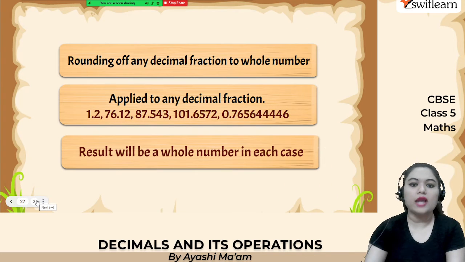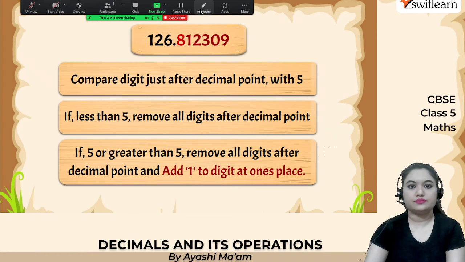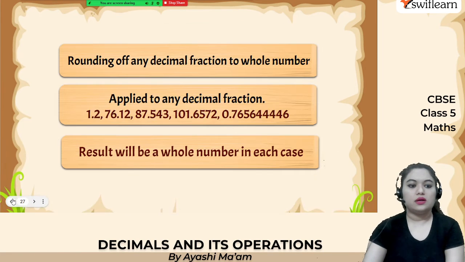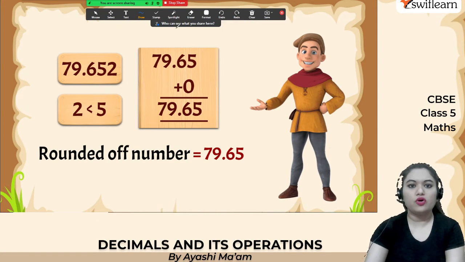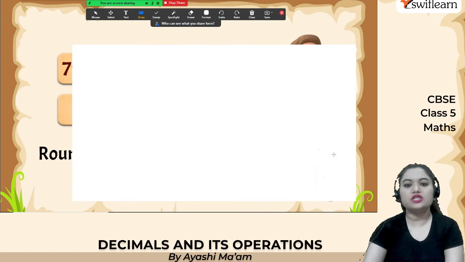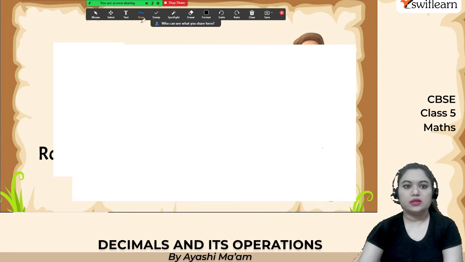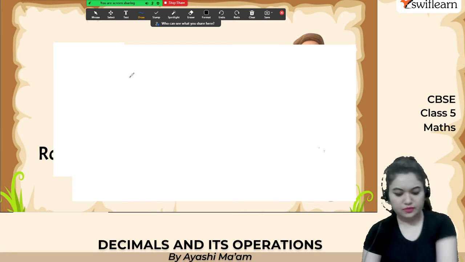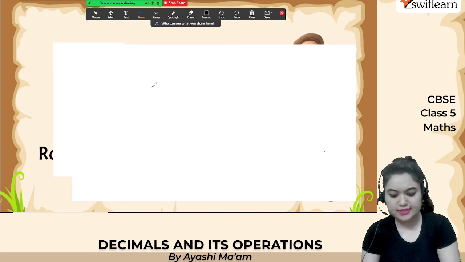Okay, let's try one more. Then we will get into rounding off to the whole number. Here we are doing up to the nearest hundredths.